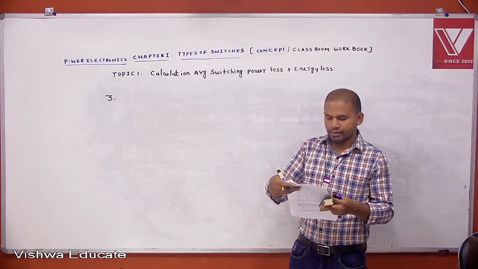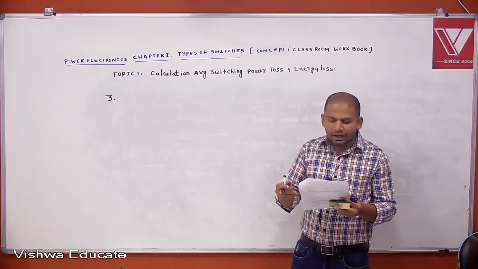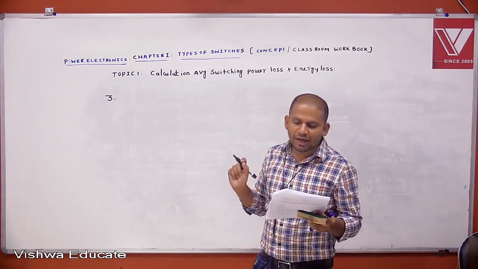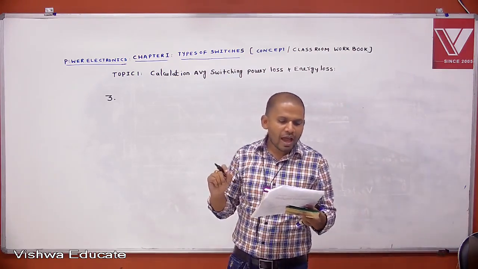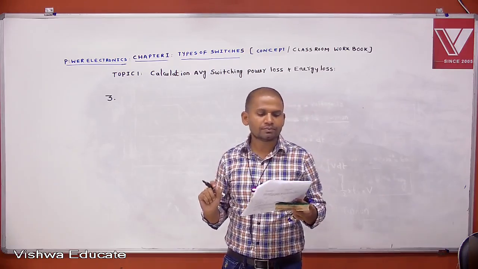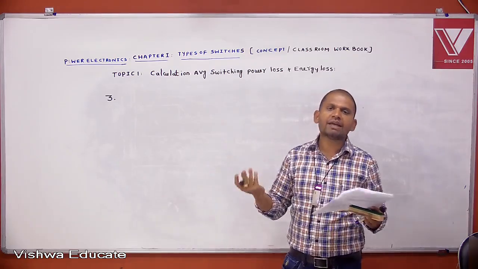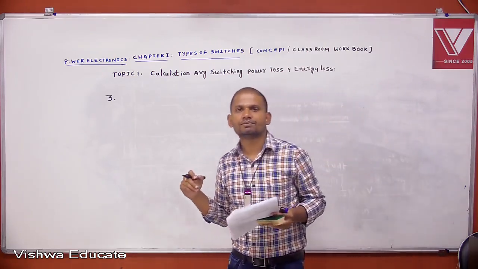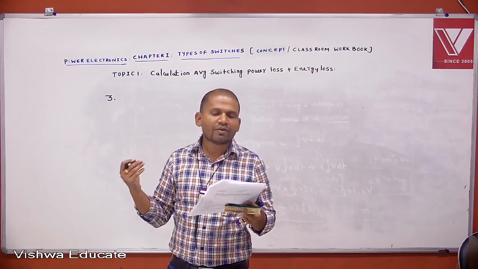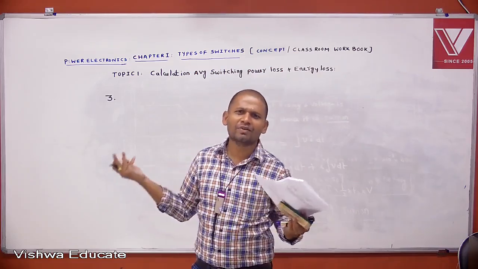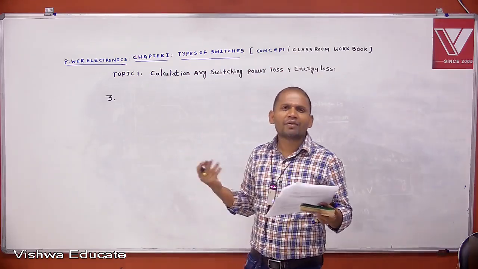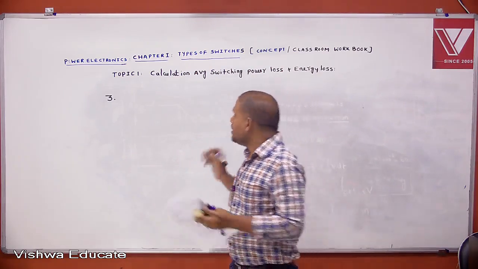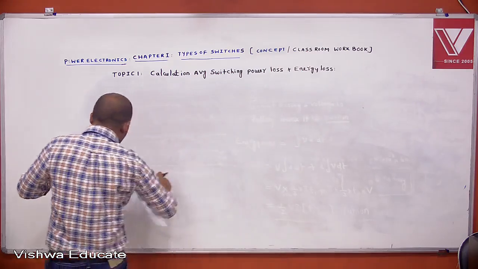During its turn-on time of 5 microseconds, for a trigger frequency of 100 Hz, find the average power loss. The device is taken as an SCR. Understood? It may be SCR or any device it may be given.